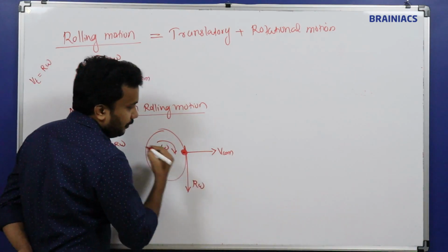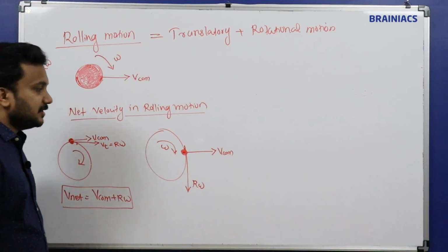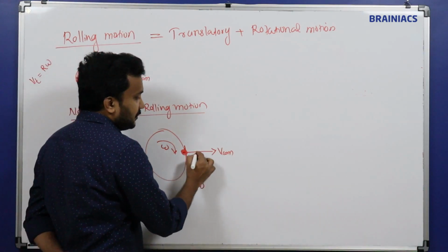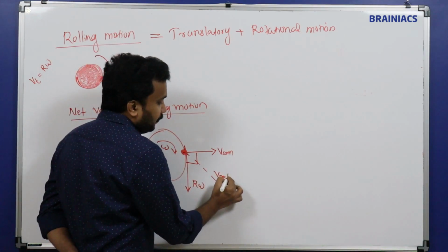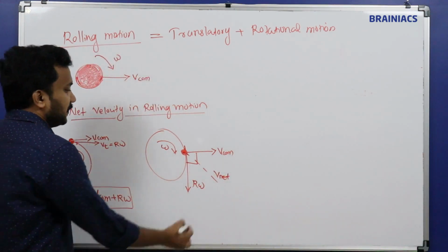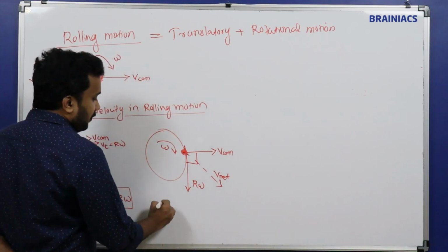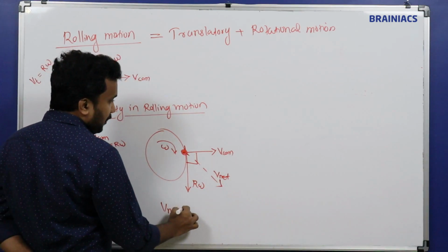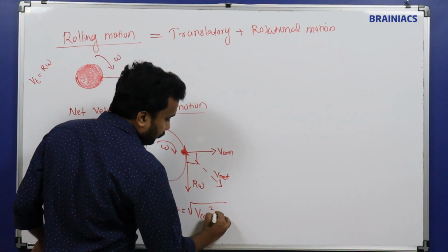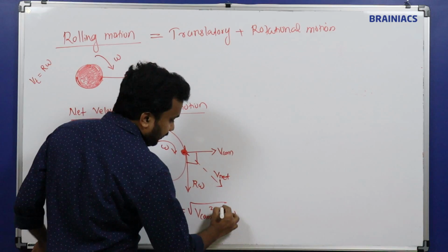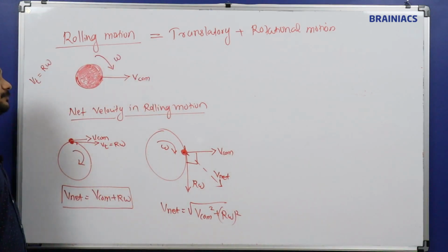This is called R omega. So how do we find the resultant of the two vectors which are at 90 degrees? This is our V net. So V net equals the root of Vcom square plus R omega the whole square.